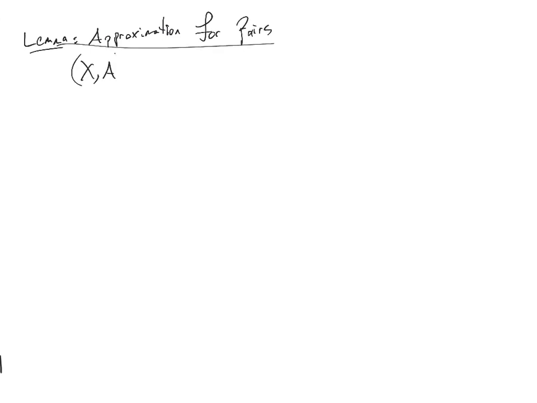Okay, we can also do approximation for pairs. So let's just call this a lemma. If we're given a pair X, A, they don't even need to be good pairs.